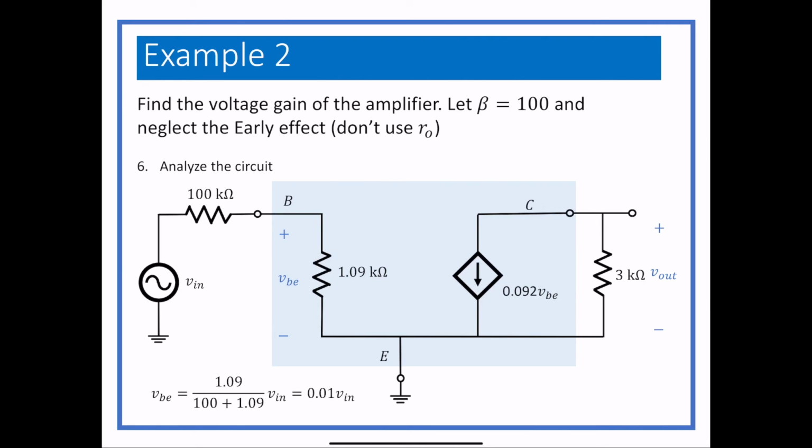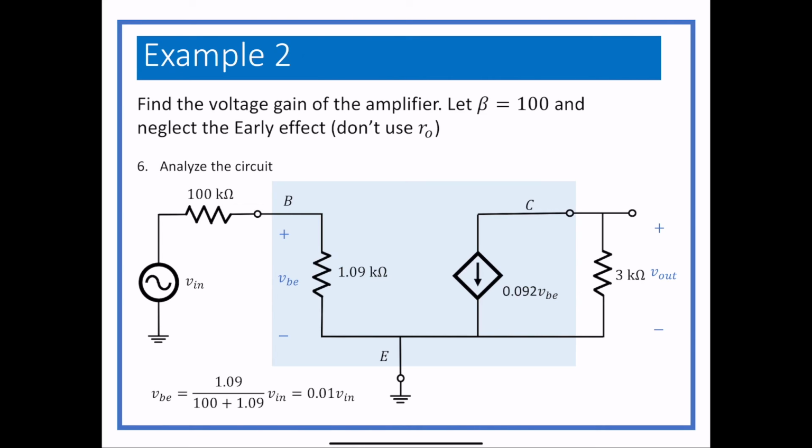Then we can figure out V out. Remember, V out is just minus GM VBE times whatever the output resistance is, which I think I left. Let's see. I think I may have left a number off of there now that I look at that. I left a value off of there, and I'm trying to figure out how I did that.